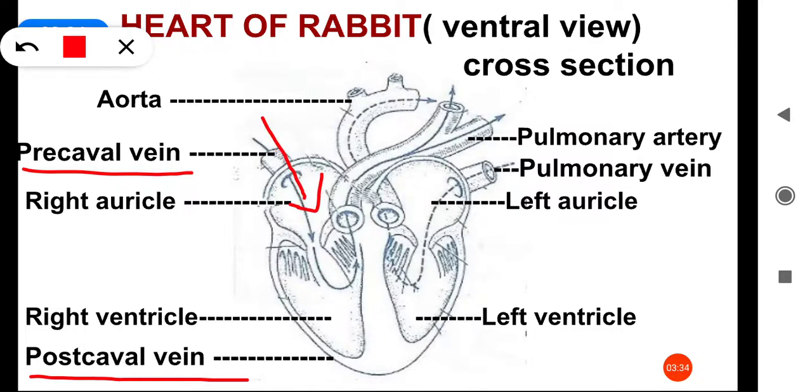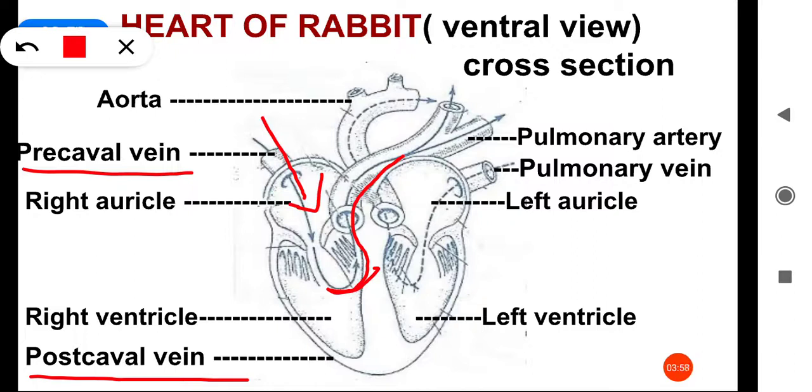From the right auricle, blood flows into right ventricle. Then from the right ventricle, this deoxygenated blood is carried by the pulmonary artery into the lungs. From the lungs, exchange of gases takes place.